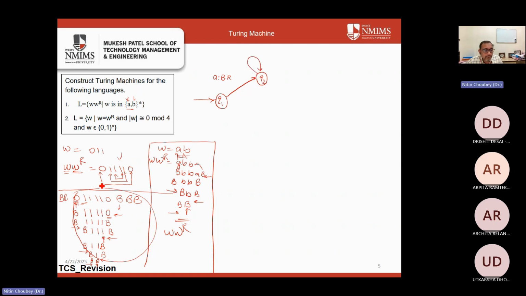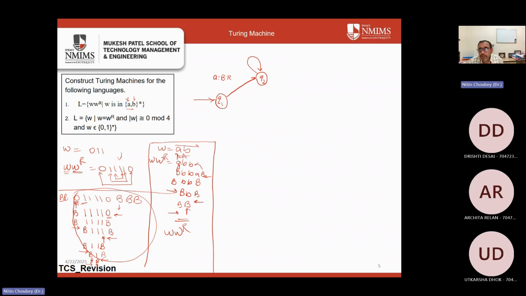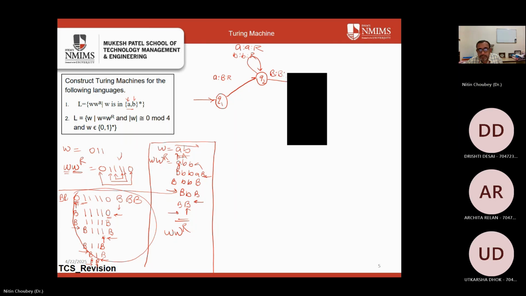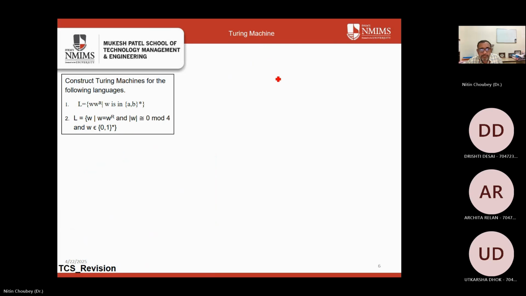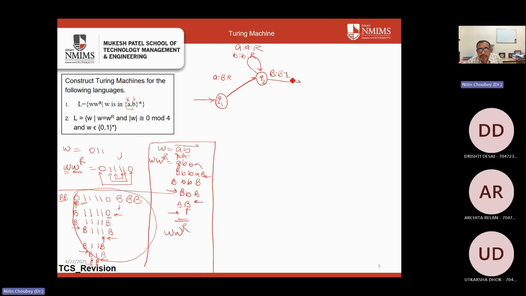What we need to do is all symbols between the current position and the rightmost blank should be skipped. So A, R, B, R. On the receipt of the first blank on the right-hand side, replace blank with blank, move to left.